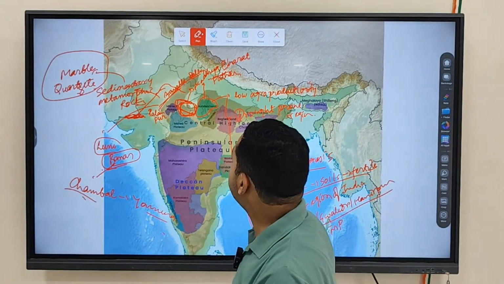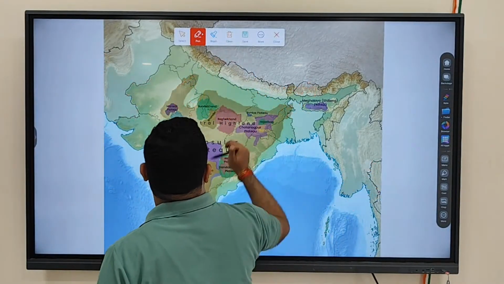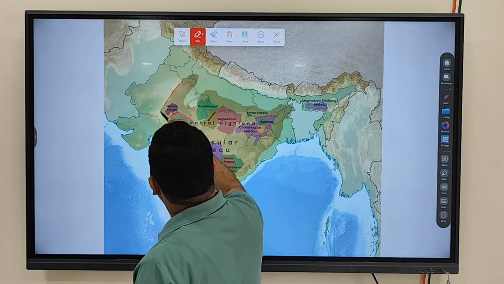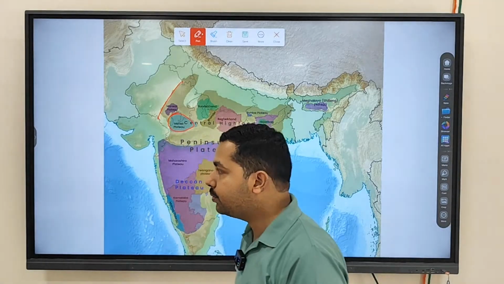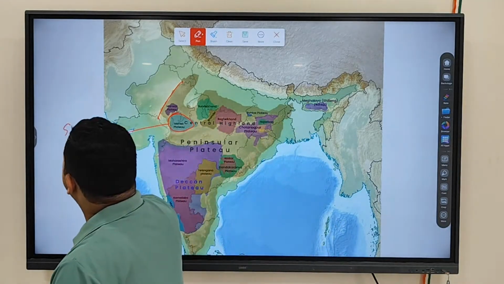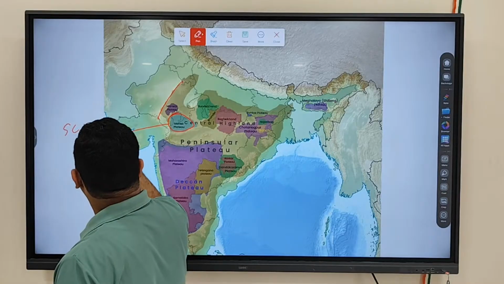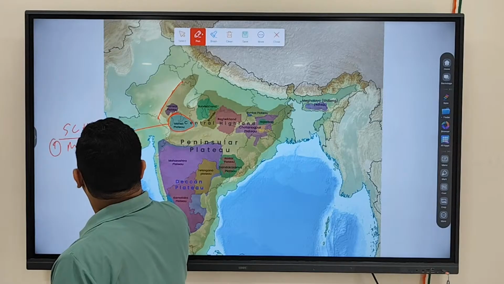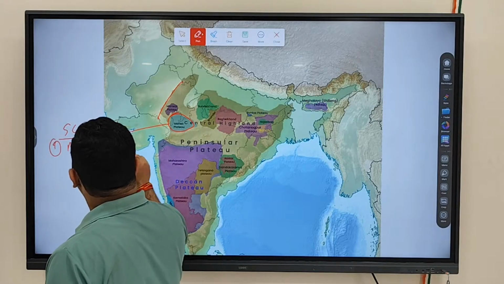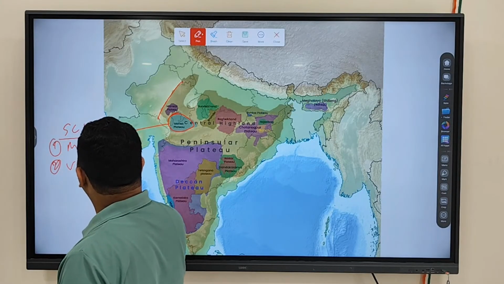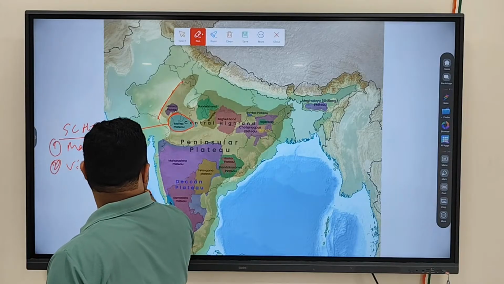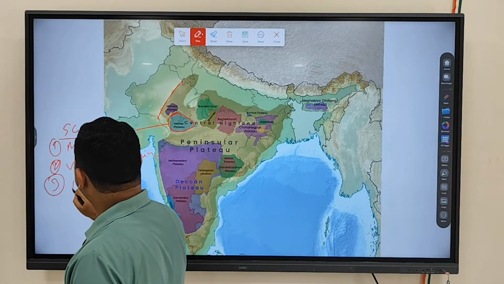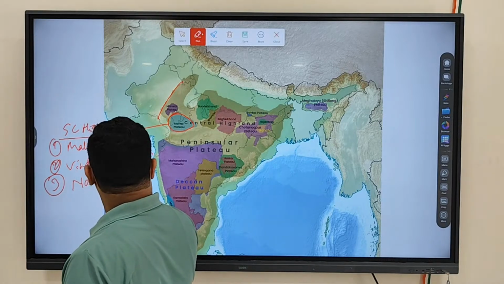Clear? The second we discuss is the South Central Highland. In the South Central Highland, what you are finding is the Malwa Plateau. So the South Central Highland divisions are: your Malwa Plateau, the second is your Vindhyan Mountains, and the third is Narmada Valley.